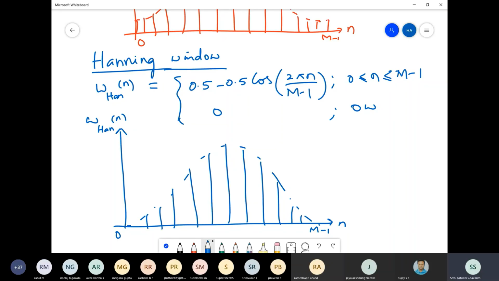Bell shaped with the first and last value 0. That's a Hanning window. The equation is this. It is also used in speech and music processing and spectrum analysis. In such applications, we make use of this window.